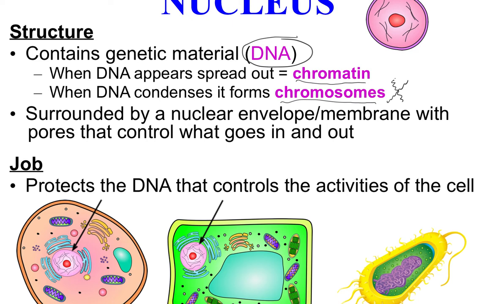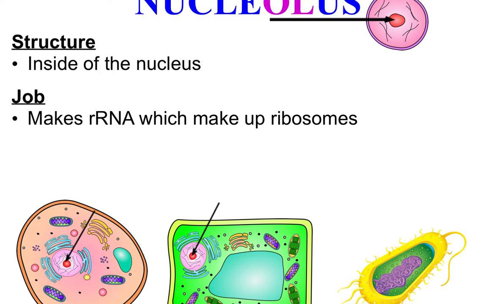So the nucleus houses the most important information, the genetic material that each cell has. You'll notice from this diagram that animal cells and plant cells have nuclei, and these prokaryotes, or bacteria, do not. Their DNA is just kind of floating around within the cell body.